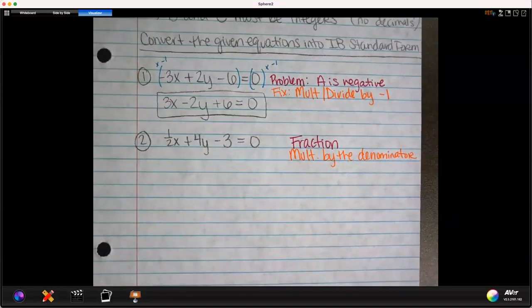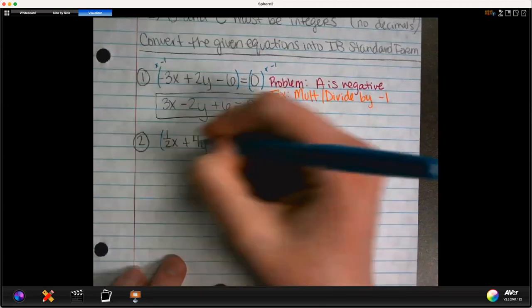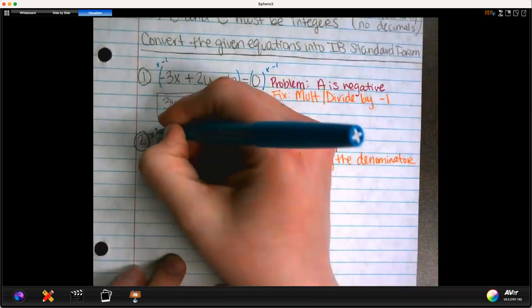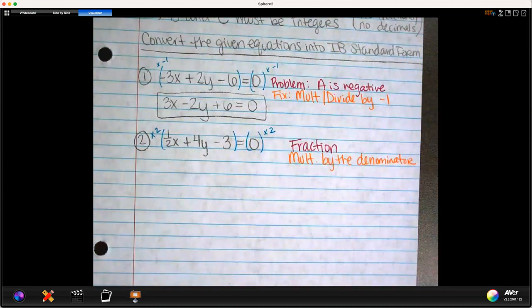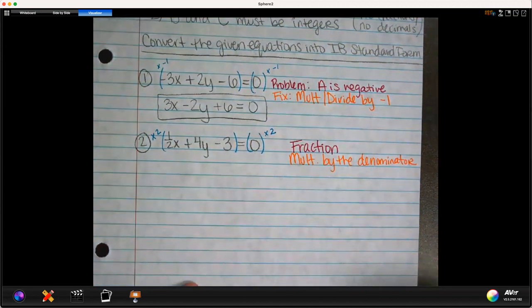All right, so we are going to multiply by the denominator. So it means for this one, I'm going to multiply both sides by 2. Okay, and remember, you do need to write down what you were doing mathematically to do that. So that's why we have the parentheses and putting multiplied by 2.